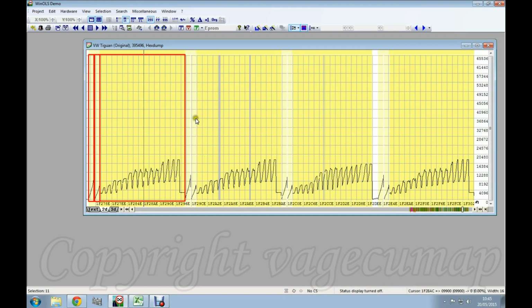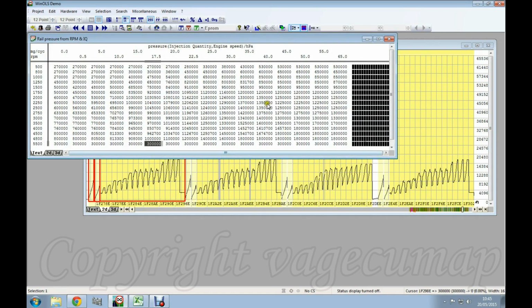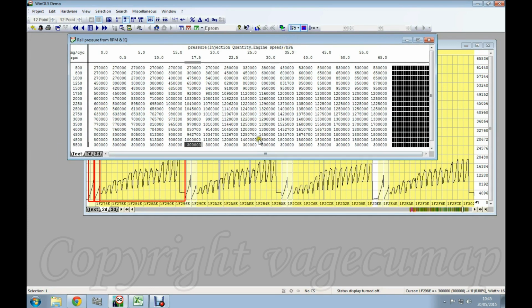So if we just pick one of these at random, you can see that if we wanted to make changes, we would have to look and say to ourselves, well, where would we make changes? Well, obviously the changes would be at the bigger end. They'd be right up here.